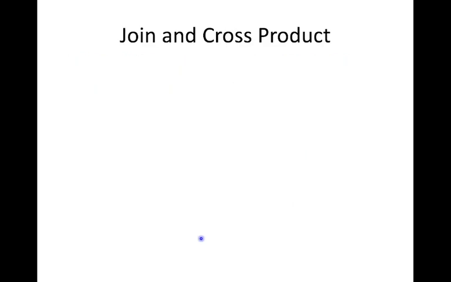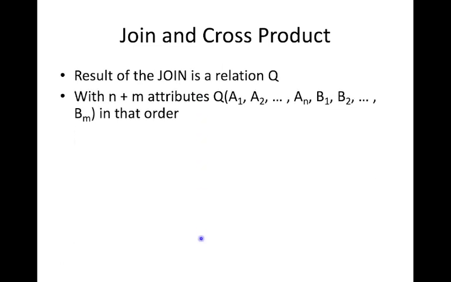Then we will see the difference between this join and cross product. The result of the join is a new relation Q, a new table with n plus m attributes. That is, from both relations we combine all the attributes A1, A2, up to An, and similarly B1 to Bm, in that order.